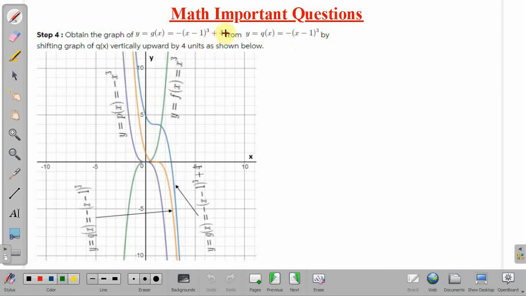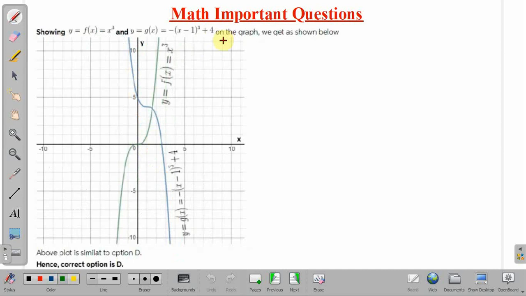Here it is plus 4, so y is increasing by 4. So we can shift this orange graph by 4 units toward the positive y-axis, in the upward direction. This line is showing the graph of y equal to g(x), which is equal to minus of (x minus 1) raised to the power 3 plus 4. So this is the required graph.